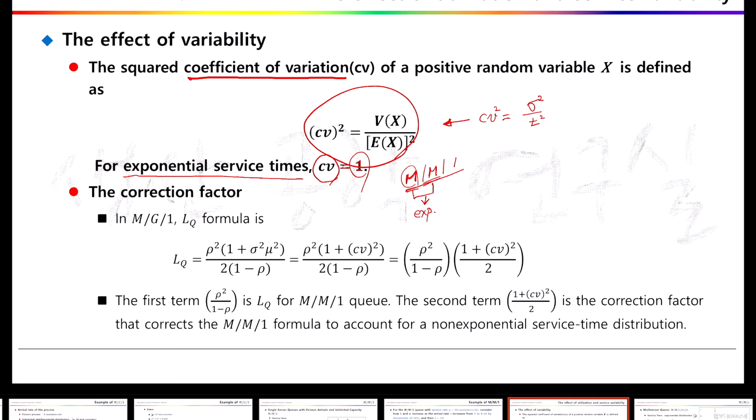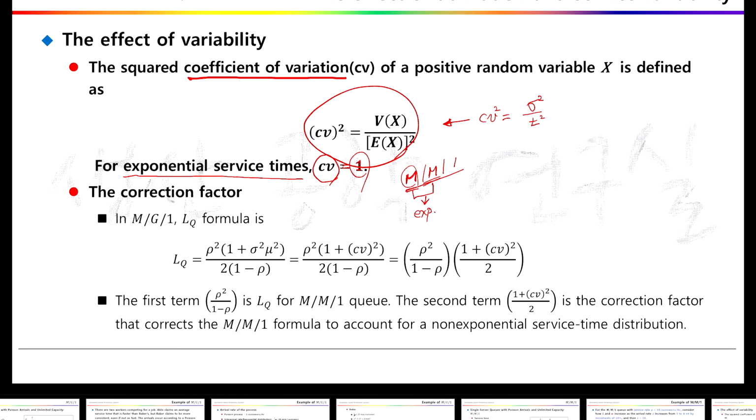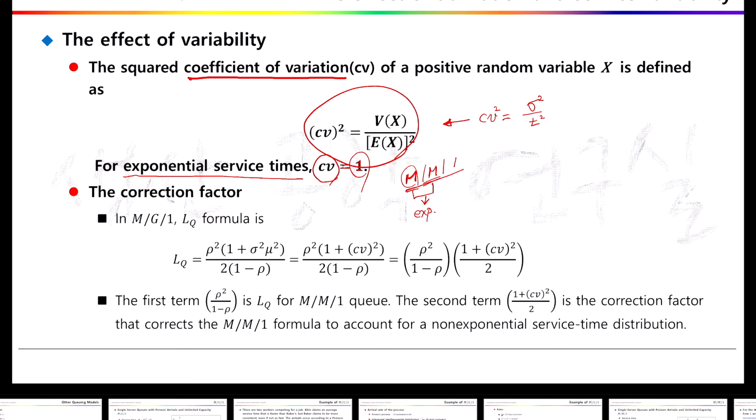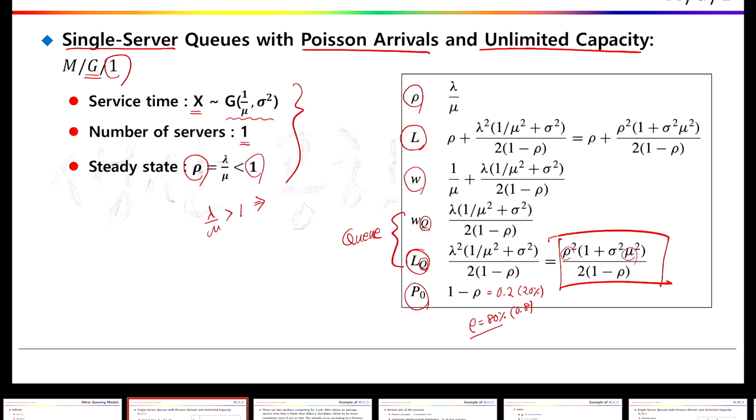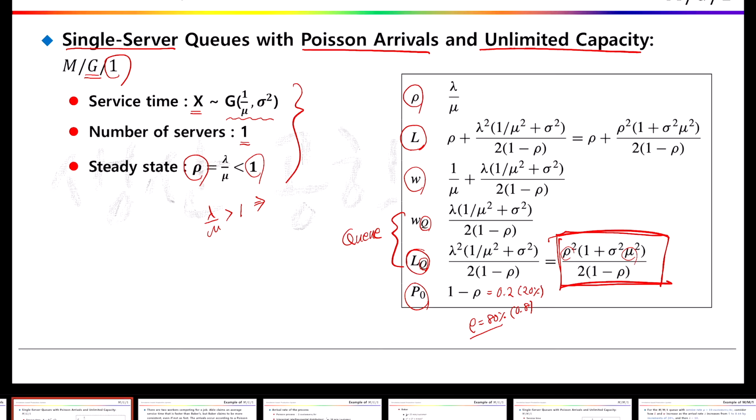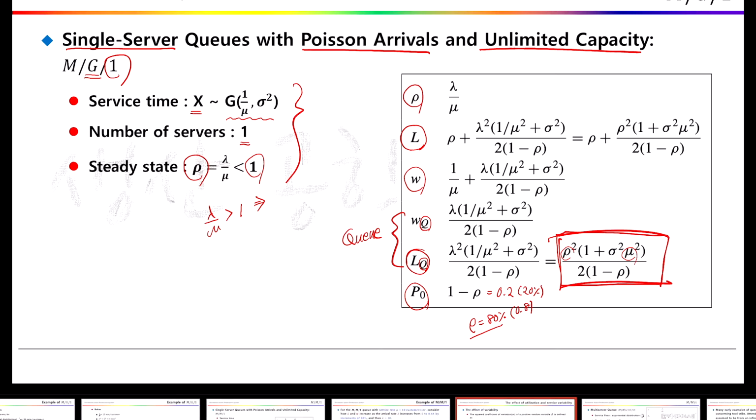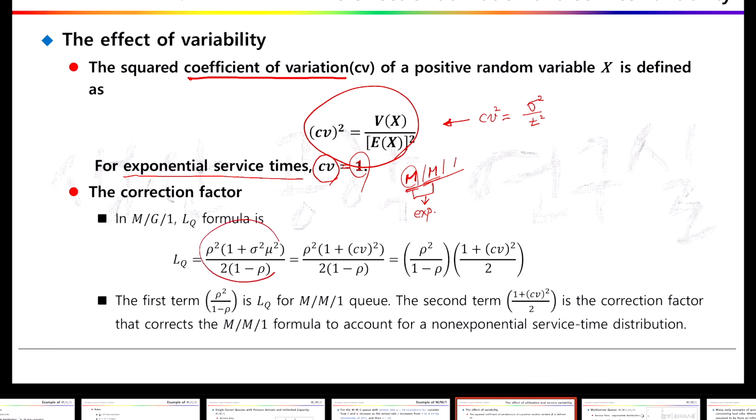Now, how does it impact the length of the queue? We have already seen this LQ formula here, so let's keep this formula here. And this formula can be rearranged into this term.